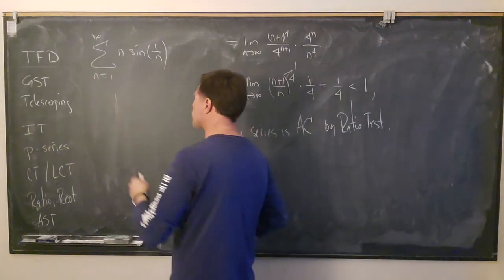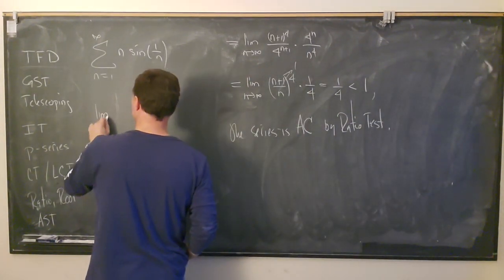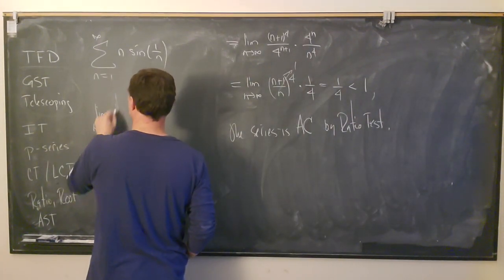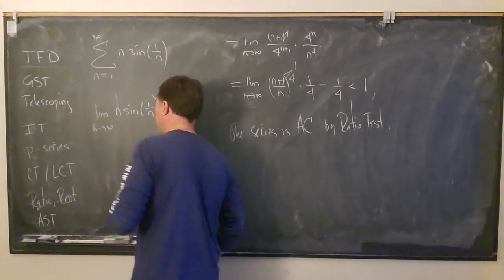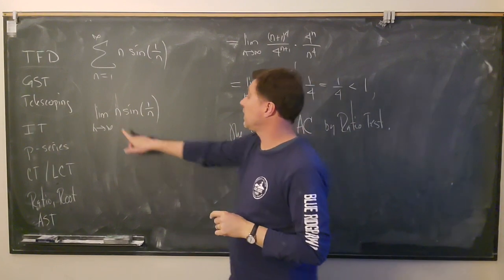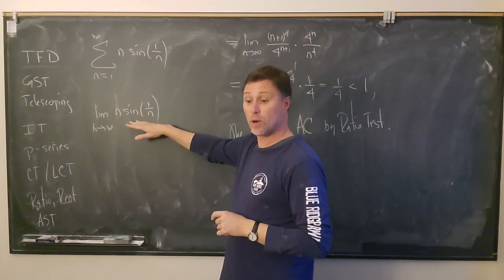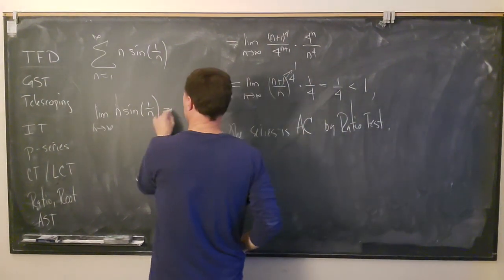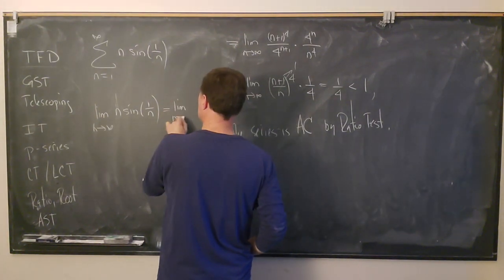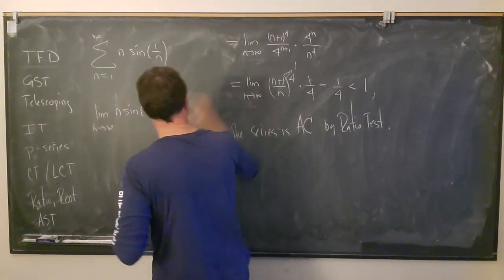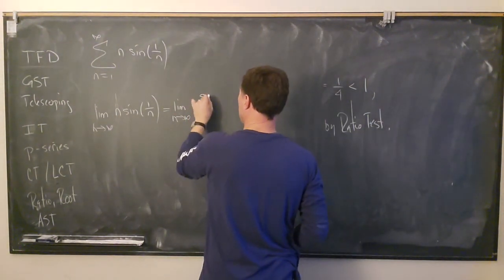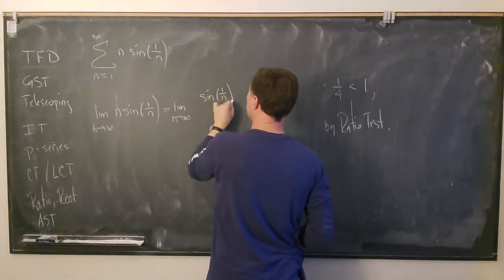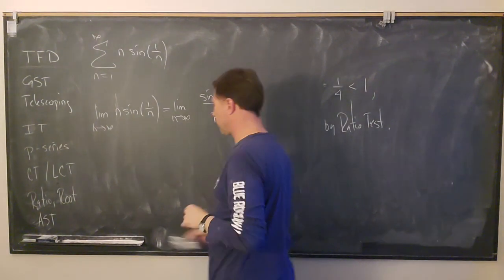So let's just try test for divergence. Limit as n goes to infinity, n sine 1 over n. Now that is an infinity times 0. So I can rewrite this as limit as n goes to infinity of sine 1 over n divided by 1 over n.